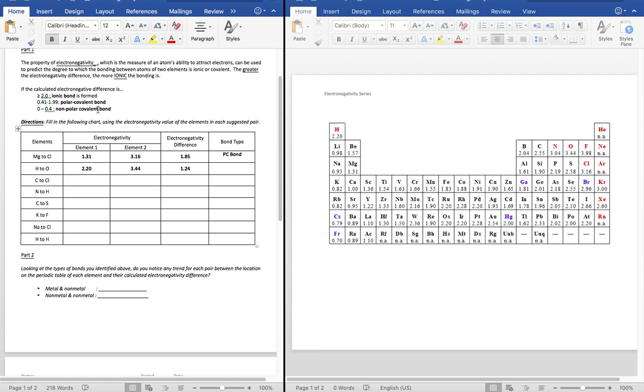We look up here at our differences, and we notice that 1.24 falls again right here in this range of polar covalent. So this is also a polar covalent bond. And so that's how you find the electronegativity difference.